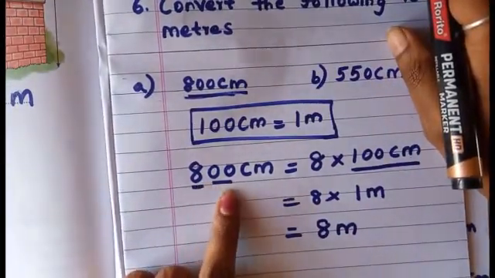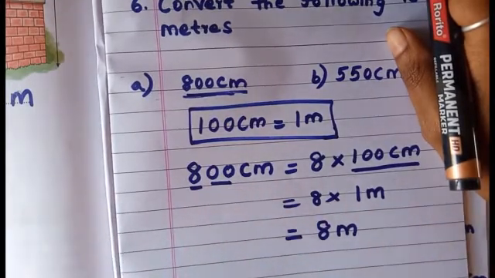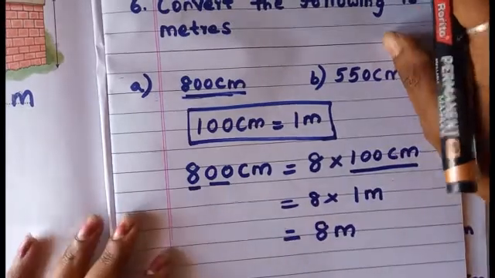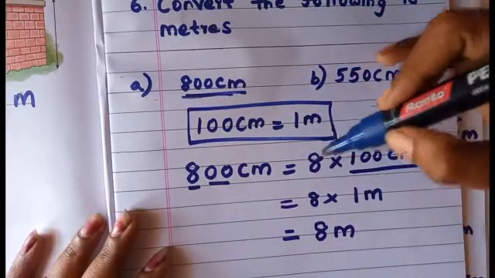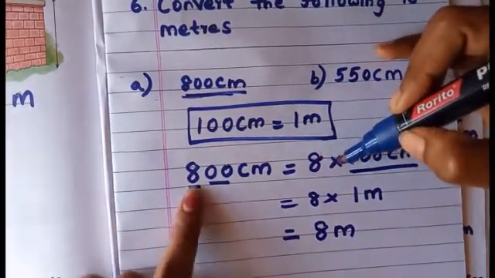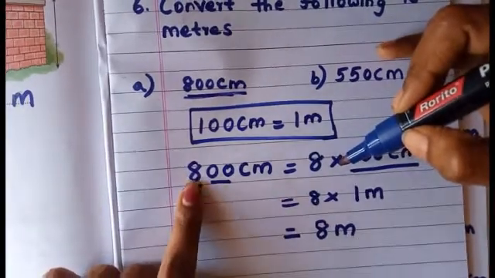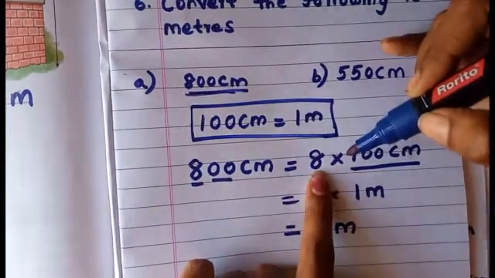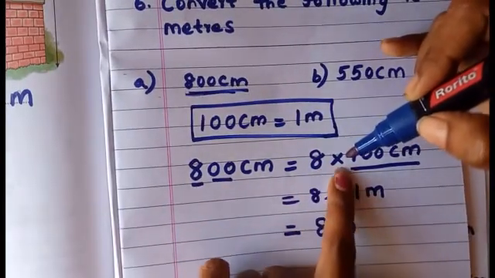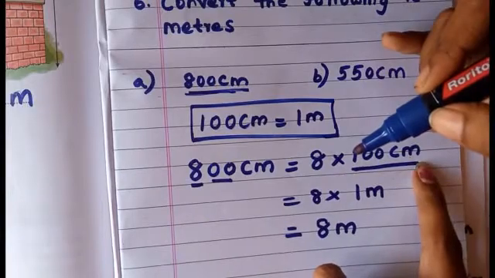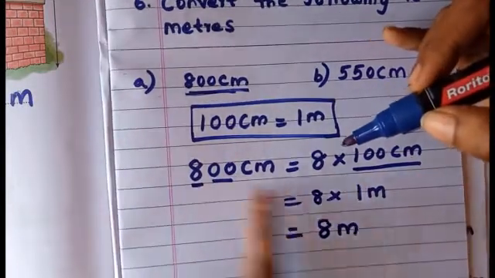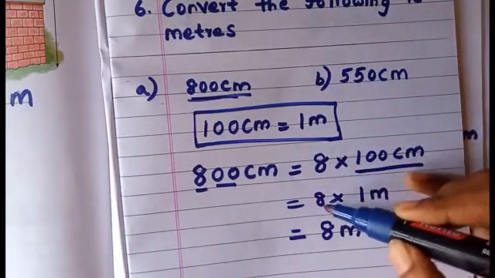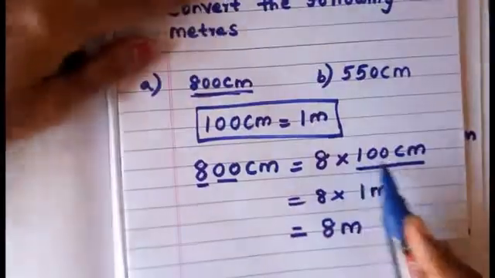If it is 800 centimeters or 500 centimeters, ending in 0, 0, first write this sum: 8 into 100 centimeters.